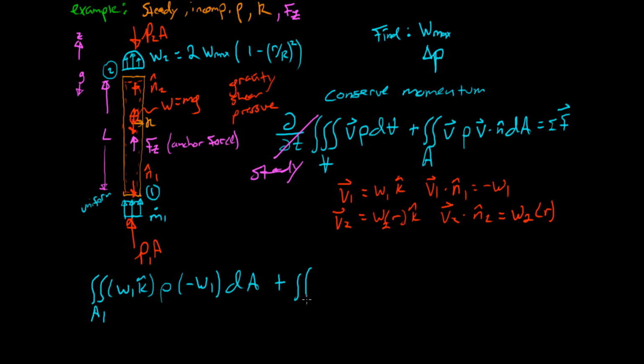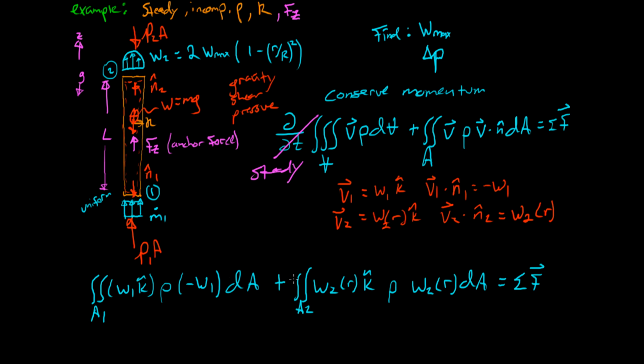Same deal at station 2, A2. Now we have W2 of R times k hat. That's our velocity vector. Then we have rho. Now we need V dot n. Well, that's W2 of R. And then we have our dA, and that's all equal to the sum of the forces.